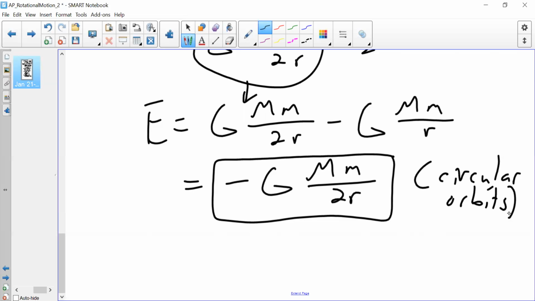And this is for circular, but for elliptical orbits, an ellipse doesn't have a radius. The ellipse has what is called a semi-major axis.